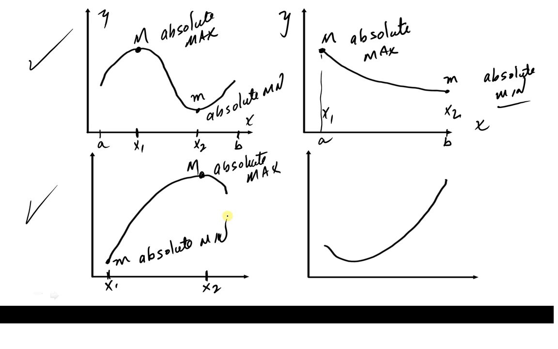And in the last example, you can clearly see that at this point x1 we have an absolute minimum, that would be lowercase m, and at the right endpoint, in this case b equal to x2, it has an absolute max.